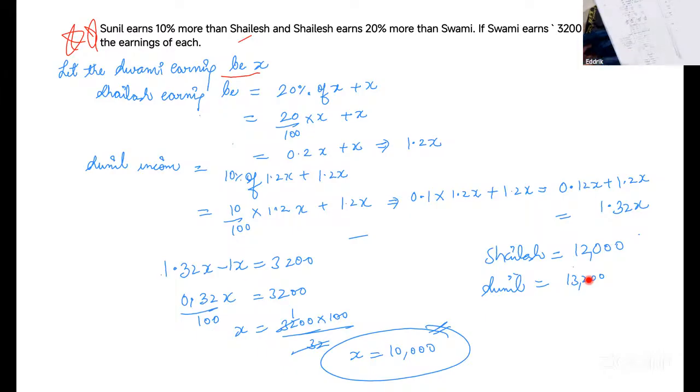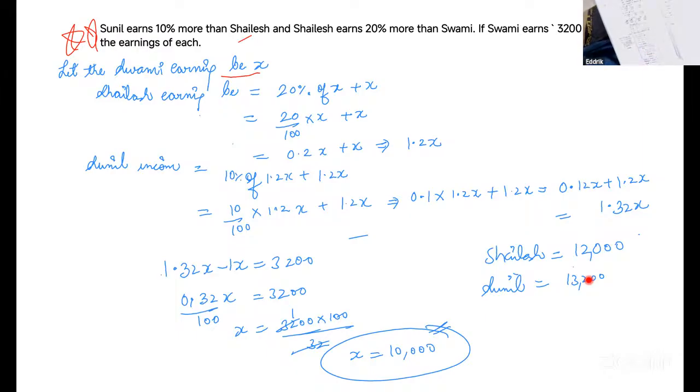You remember the substitution method? Substitution method. Okay. So substituting in any one of the equations, I took the first equation. So 10 into x minus 11y is equal to 0. So 10 into (3,200 plus z) minus 11y is equal to 0. So I got 32,000 plus 10z minus 11y is equal to 0. So I got 10z minus 11y is equal to minus 32,000.